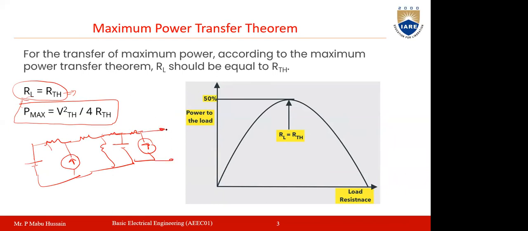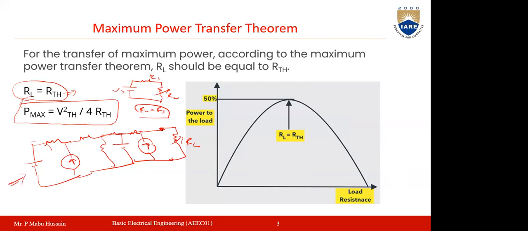At the end you will have a load resistance, which is represented by RL. The simple case is one voltage source in series with one resistance and one load, where you can apply the maximum power transfer theorem such that RL equals RS. But if a complicated circuit like this is given, what do you need to do?